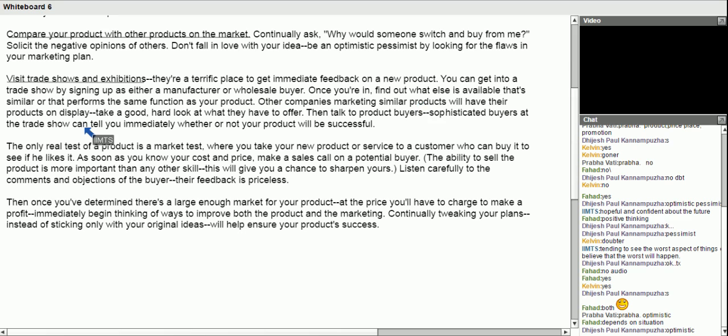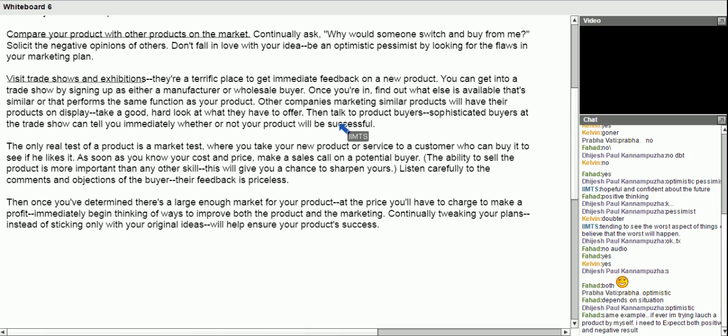Once you are in, find out what else is available that is similar or performs the same function as your product. Other companies marketing similar products will have their products on display. Take a good hard look at what they have to offer. Then talk to product buyers. Sophisticated buyers at the trade show can tell you immediately whether or not your product will be successful.